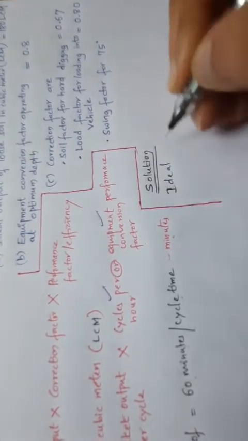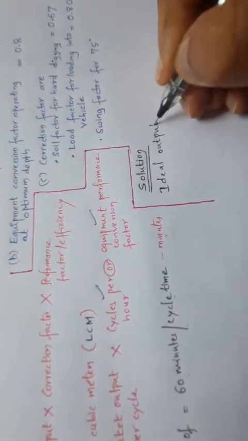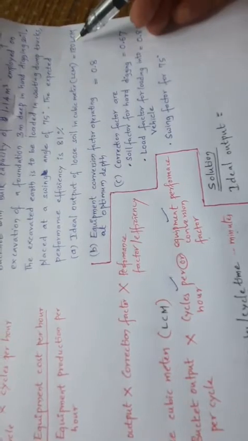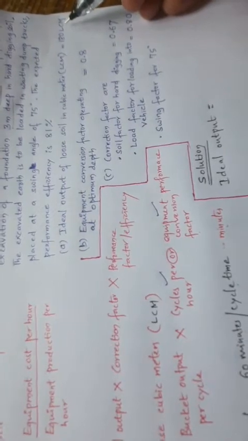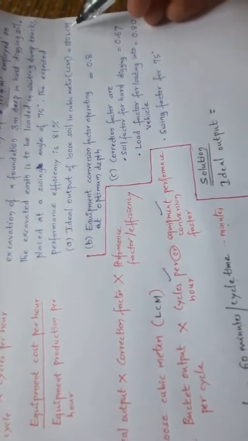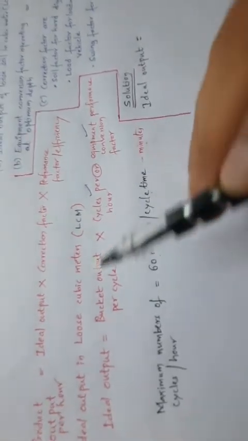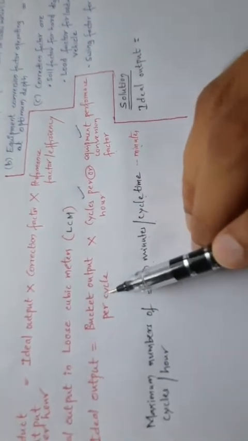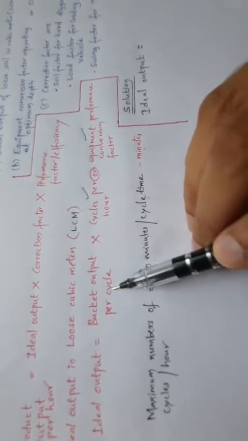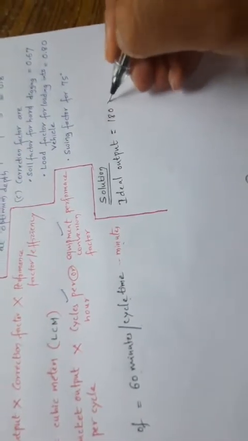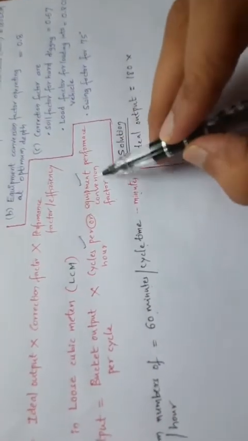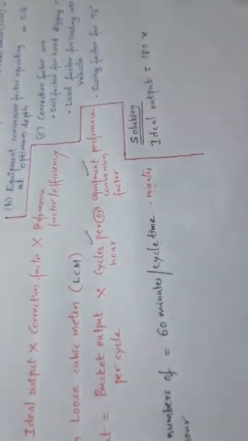Ideal output is given by, they gave you loose cubic meter 180, and you have to multiply with the equipment factor, 180 LCM. Actually for this 1.14 meter cube it is around 144 meter cube, but the problem gave 180, so we take it as 180 only. Clear? That is 180 into the equipment performance conversion factor for the ideal depth, that is given from the table.